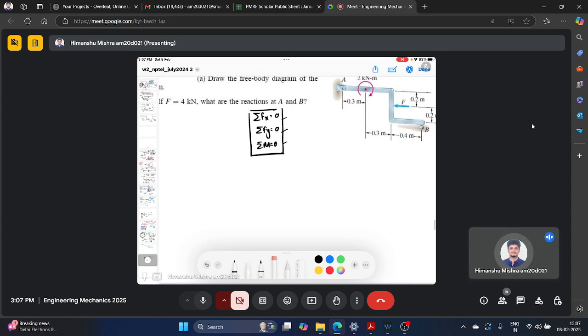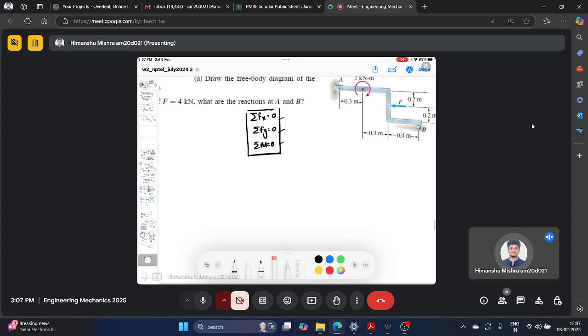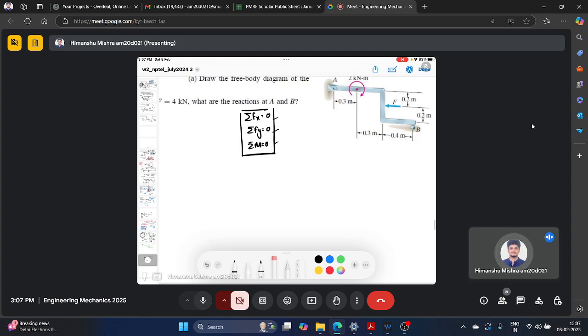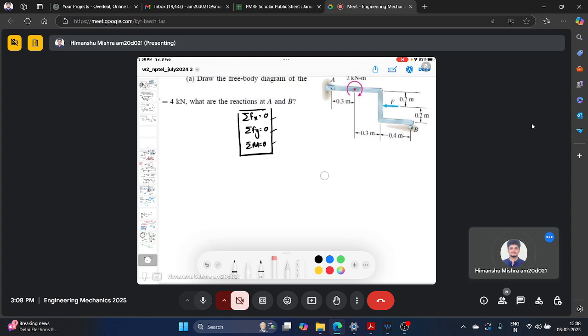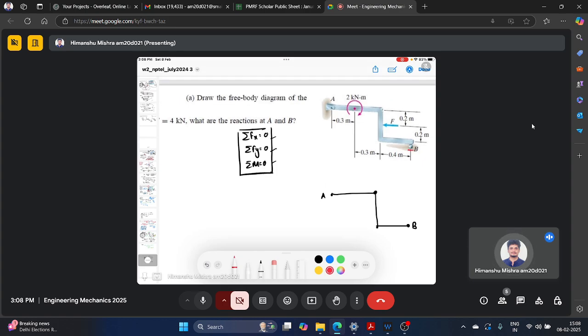As usual, we need to make a free body diagram, and we will be using the Cartesian coordinate. This is my A, and this is B. You can see from the figure that at B you have a roller joint and at A you have a pin joint.